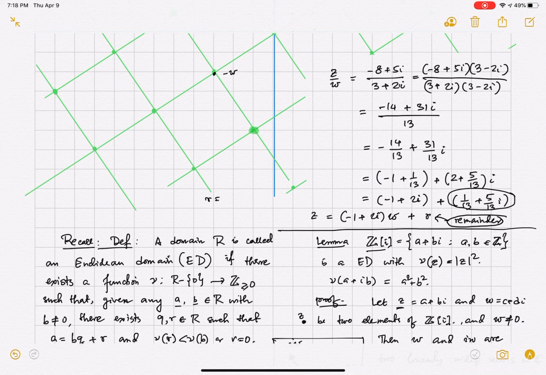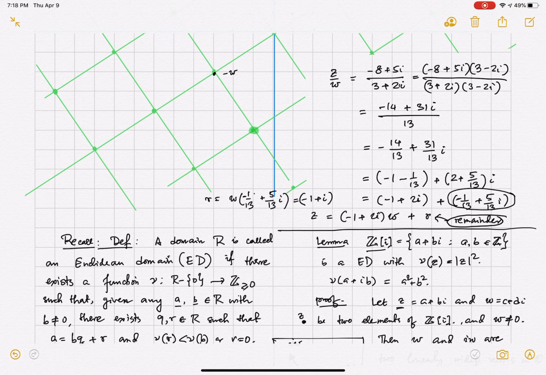And r is w times 1 over 13 plus 5 over 13 i. Or rather minus 1 over 13, I'm sorry. Minus 14 over 13 is minus 1 minus 1 over 13, which turns out to be minus 1 plus i.